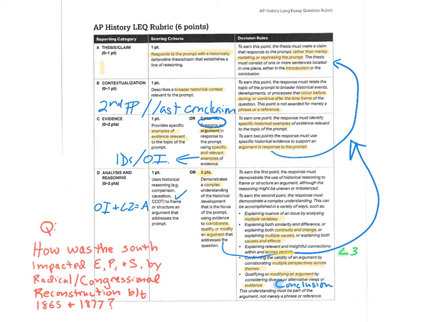The big question everyone wants to know is how long does it have to be? Look, the longer, the better. If you have to do these 2 points in green, you're going to have a lot of outside information, and you're going to have a lot of analysis. I think A is 1 paragraph, B is 1 paragraph, and then C and D go together.